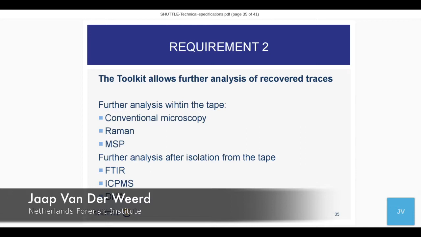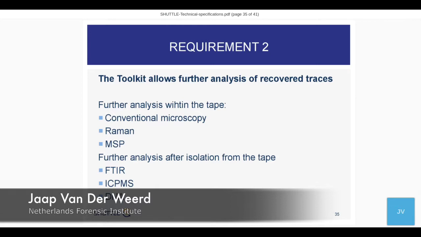Of course, not every analysis is possible while things are still in the tape. Infrared microscopy, I think, will never be possible with a trace that is still in the tape. I might be wrong, but I can't foresee it.